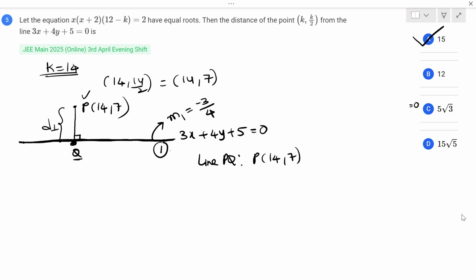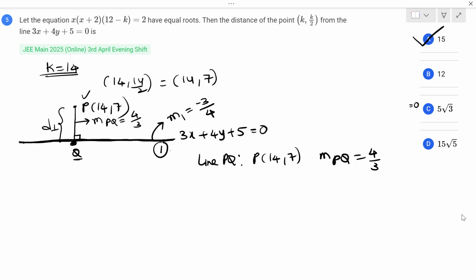Now since PQ is perpendicular to line 1, the perpendicular slope m PQ will be minus, multiplied with minus, and also the reverse of 3 by 4, that would be 4 by 3, because PQ and line 1 are perpendicular. m1 into mPQ is equal to minus 1. So I got the slope mPQ as 4 by 3.